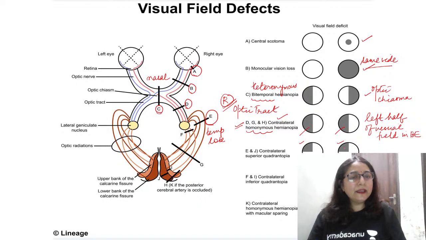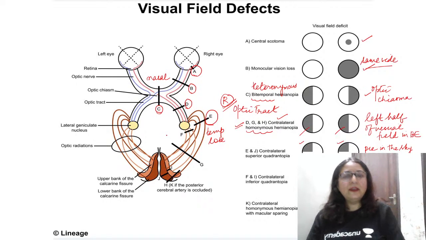Superior quadrantic effect, quadrantopia, contralateral, and the appearance of the defect has been given the name pie in the sky. Pie in the sky, because it is a superior quadrantopic defect. Okay, contralateral.